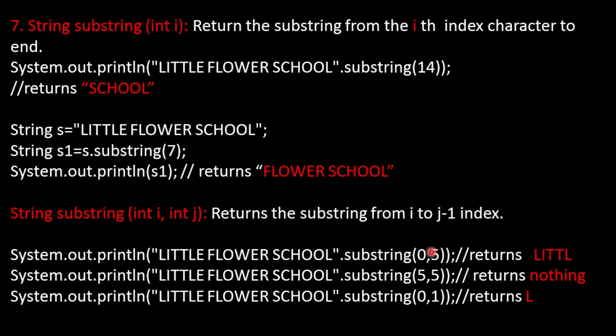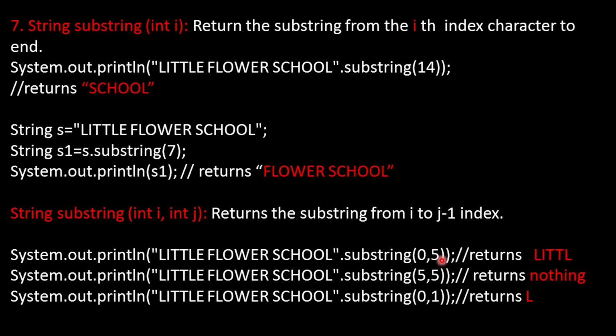The ending position index won't be counted. So 0 to 4, whatever characters are there, that will be returned. So 0 to 4, what is there? L, I, T, T, L. See, 0, 1, 2, 3, 4.